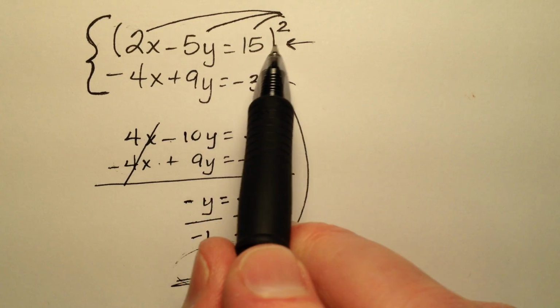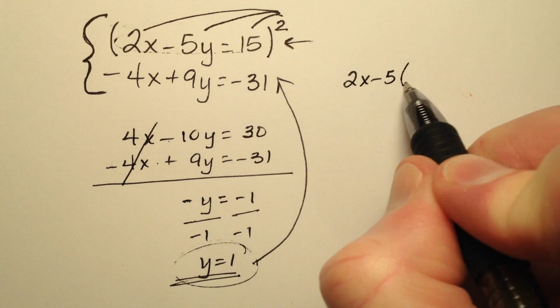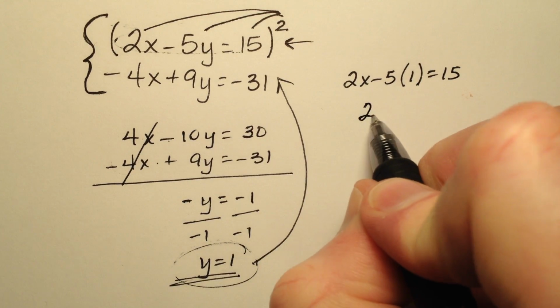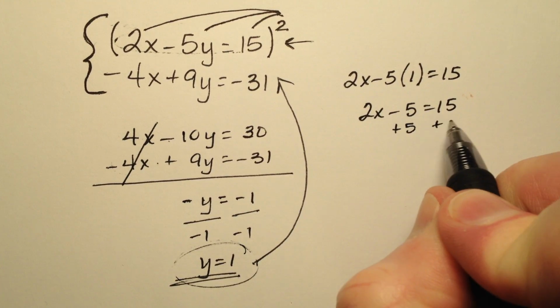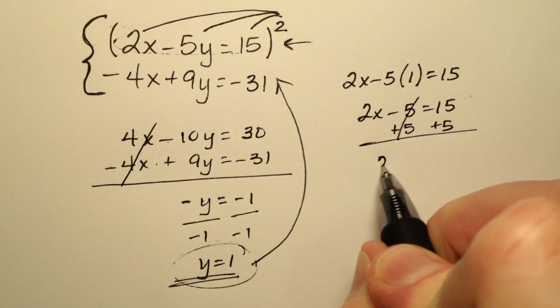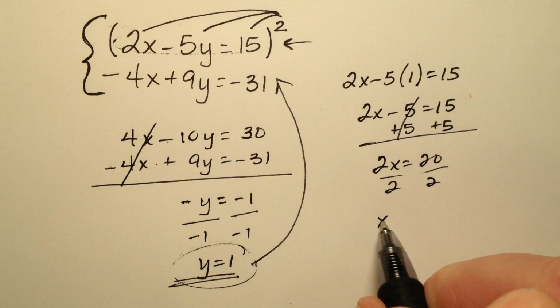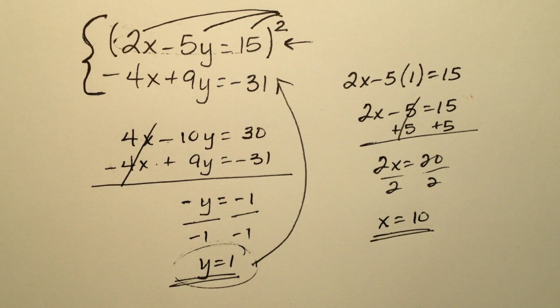So let's go ahead and just use this first equation. 2x minus 5y, and the value of y is 1, and that equals 15. So 2x minus 5 equals 15. When we add 5 to both sides, we'll see that 2x equals 20. A quick division by 2 will show us that the value of x equals 10.